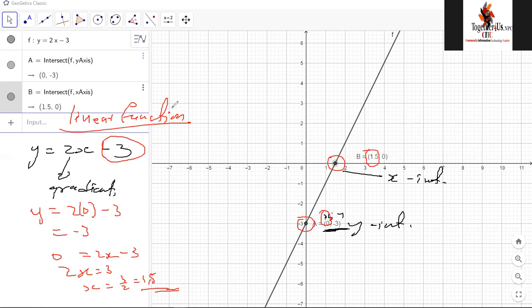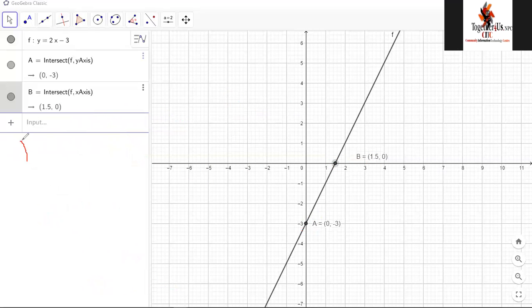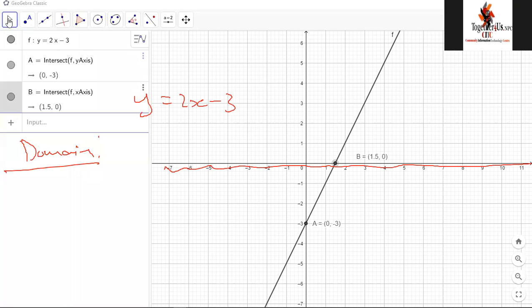Now, finally, let us look at another concept, the domain and the range of this function. We have diagnosed it now. We have established this is the gradient, this is the y-intercept. Now, let us look at the idea of the range and the domain. When we talk about domain, guys, we are looking at the set of x values on the x-axis for which our function, as we know it, y equals 2x minus 3, will be defined.